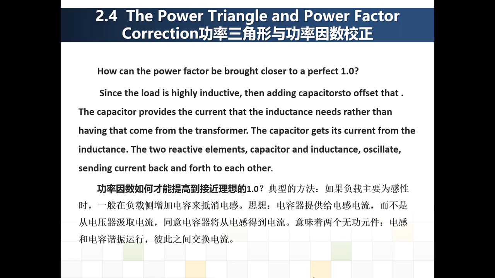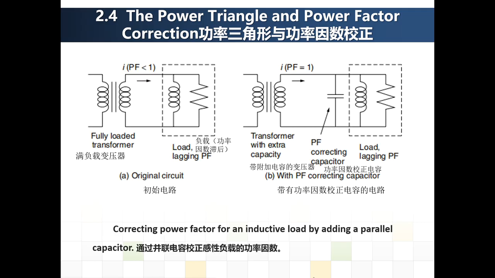The capacitor provides the current that the inductance needs, and the capacitor also gets current from the inductance. So the current will oscillate back and forth between the inductance and the capacitor. This graph shows how we compensate for the reactive power, or correct the power factor.